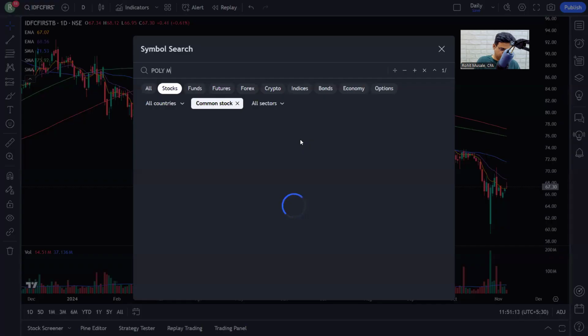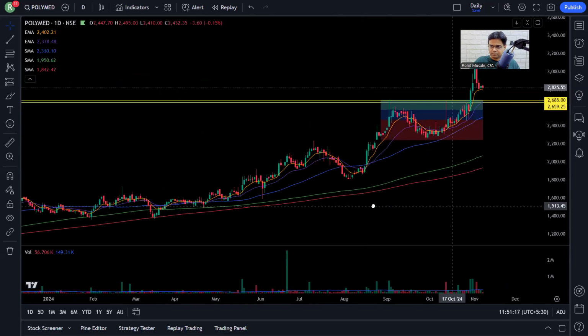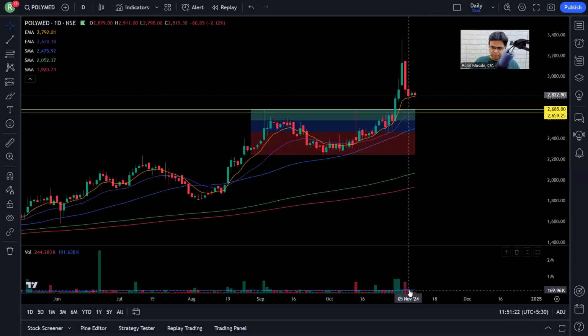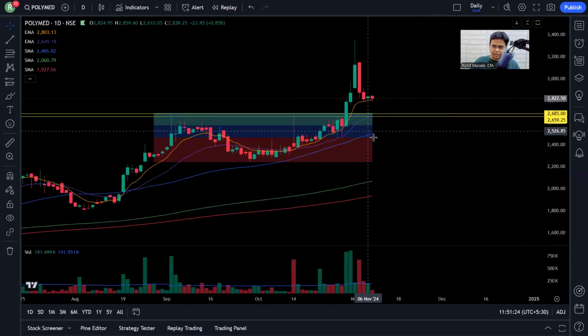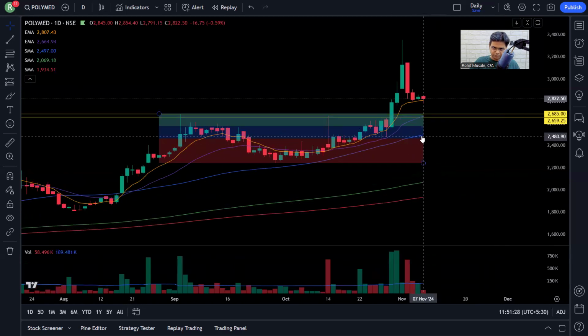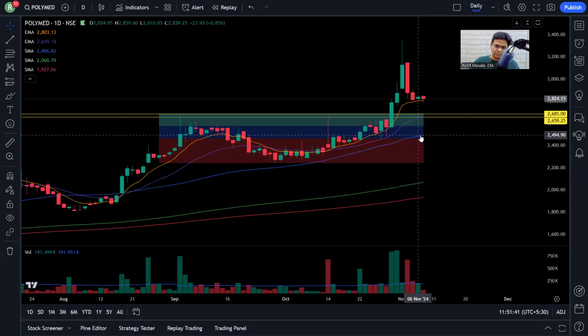Now let's come to intermediate term. So now you understand the purpose of these two lines and the purpose of this line. What about the intermediate term, the 50-day simple moving average? Well, if you are a positional trader, you buy a stock which is trending up and you hold on to that stock as long as it remains above the 50-day simple moving average.